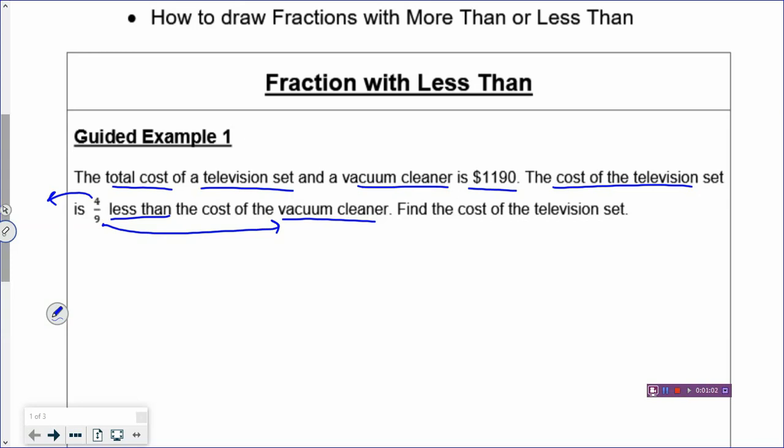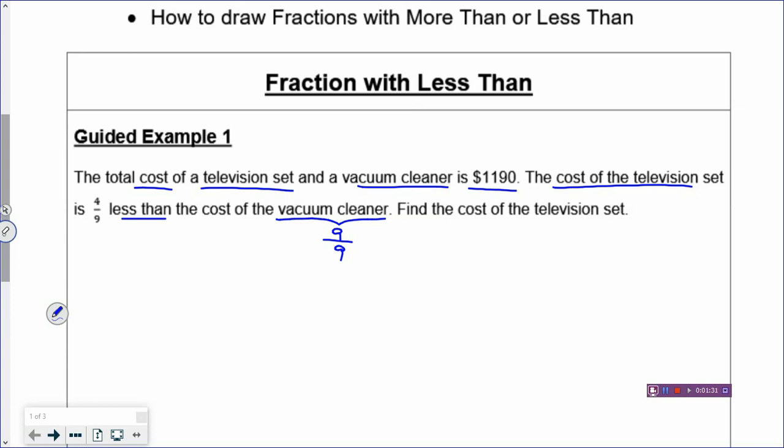So how exactly do we draw the model for less than or more than when it comes to fractions? The best way is this. The cost of the TV is 4/9 less than the cost of the vacuum cleaner. So I would call the vacuum cleaner one whole, which is 9 over 9, a fraction, which means the vacuum cleaner has 9 units.